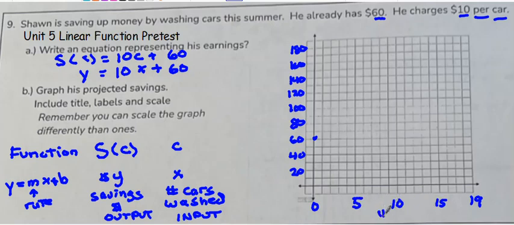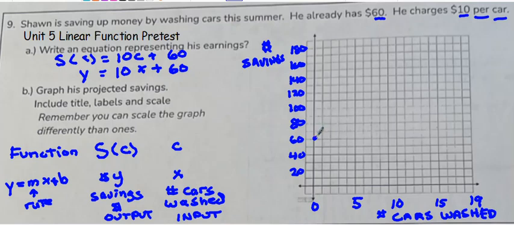So this is the number of cars washed. This represents dollar amount in our savings account.